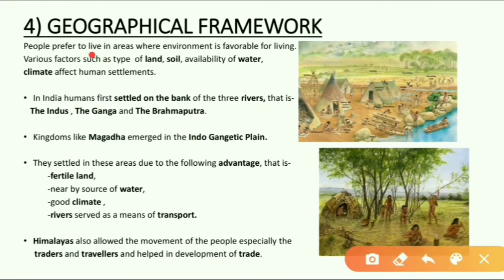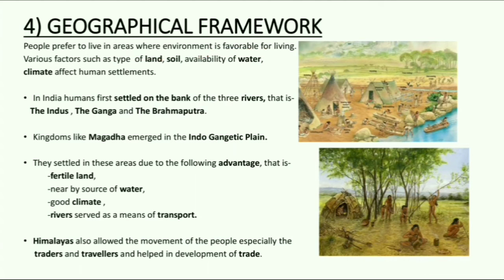Now, the next topic is the geographical framework. People prefer to live in areas where the environment is favorable for living. In early times, people generally lived in those areas which were favorable for them, places where they could get all the resources.